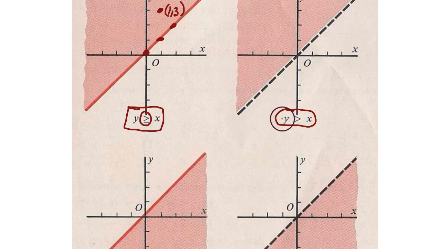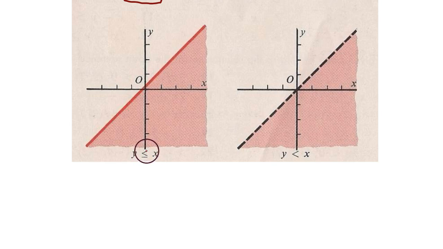The next picture shows y is greater than x. Notice it's the same as the first picture, but the boundary line is dashed because any dot on that line does not satisfy that inequality. For example, this dot here is 1, 1, and the y value 1 is not greater than the x value of 1. The next inequality has a less than or equal to symbol.